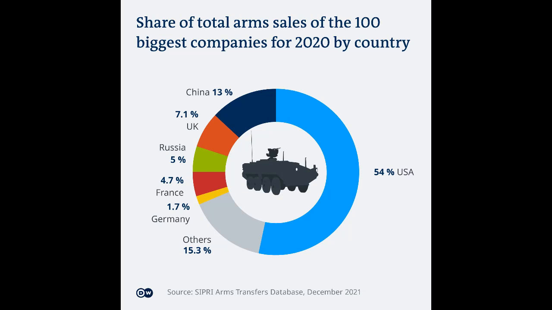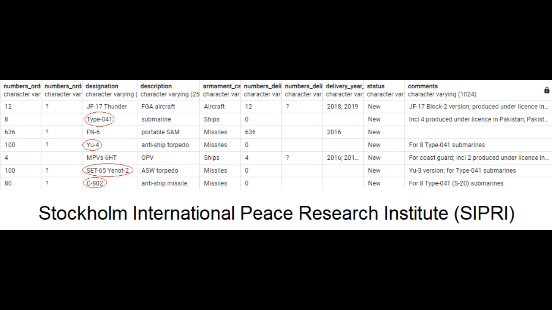Yeah. So there are many examples, but one interesting one is the 8 new submarines that China will build for Pakistan. On top of those submarines, they'll get 100 anti-ship torpedoes, anti-submarine warfare torpedoes, and anti-ship missiles, dozens and hundreds of them, all to supplement the submarines themselves.